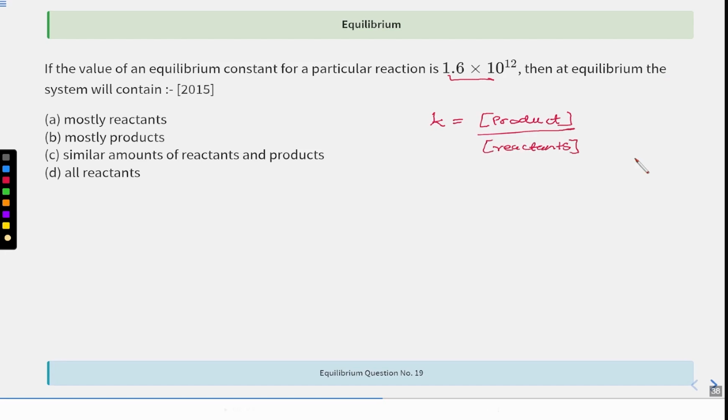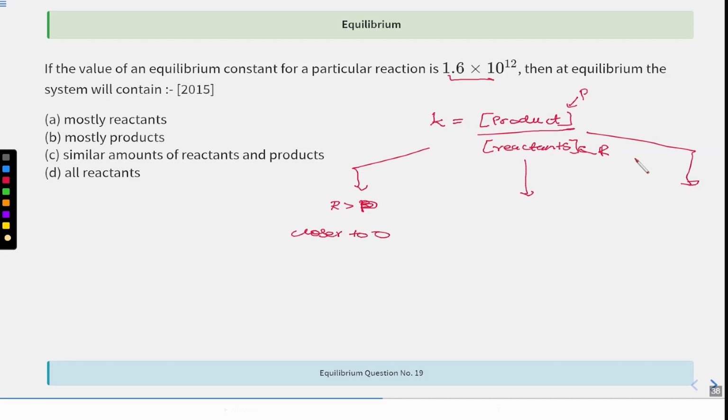Now, if we have equal or similar numbers of products and reactants, there will be three cases here. I'm going to refer to the products as P and the reactants as R. If my reactants are greater than my products, then K will be closer to zero.